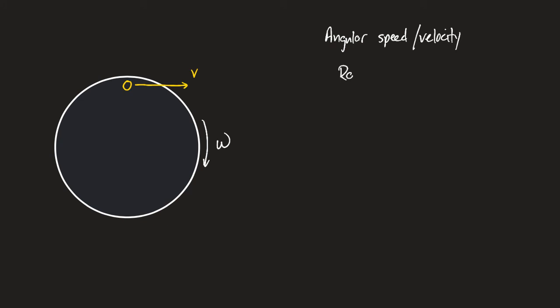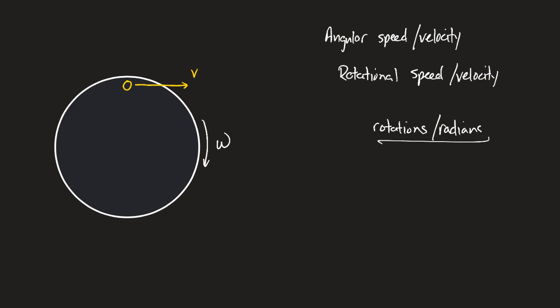Now, we could also use rotational speed or velocity. Generally, angular speed or rotational speed is given in either rotations or radians per time, so minutes, seconds, something like that.